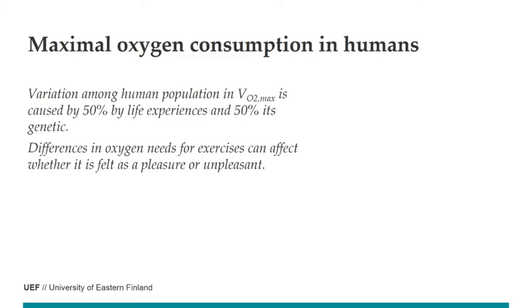Because if a sport is very highly oxygen demanding, we don't like this sport, or we can't be the best in the world, because we can't supply enough oxygen for running as fast as we would like.